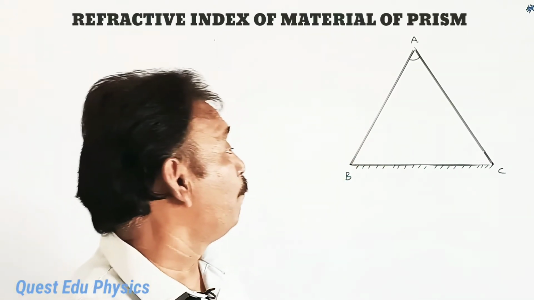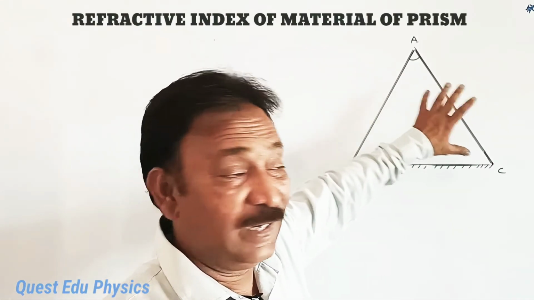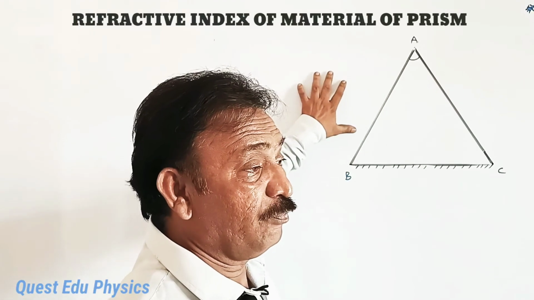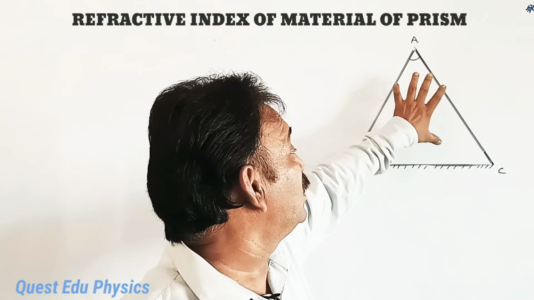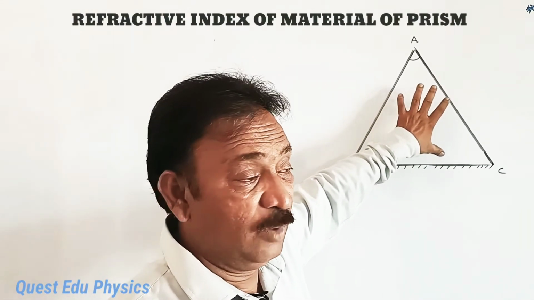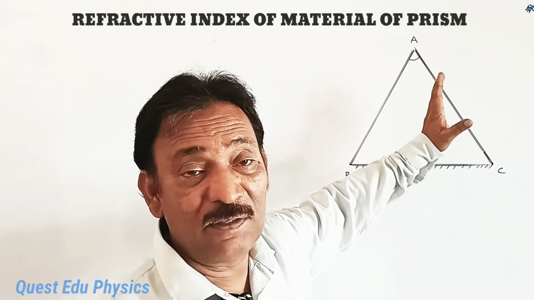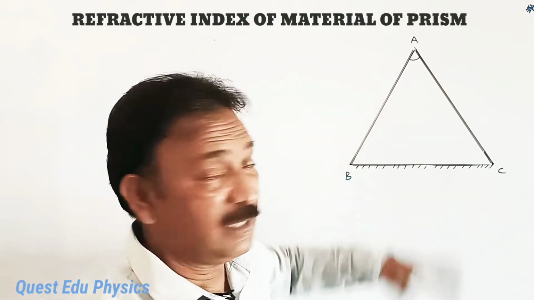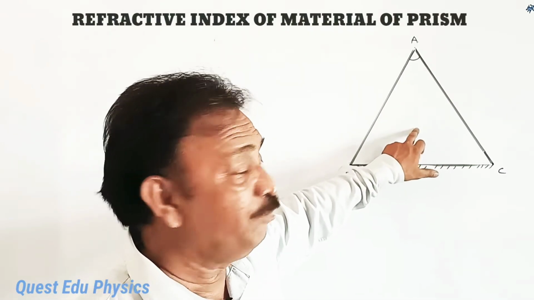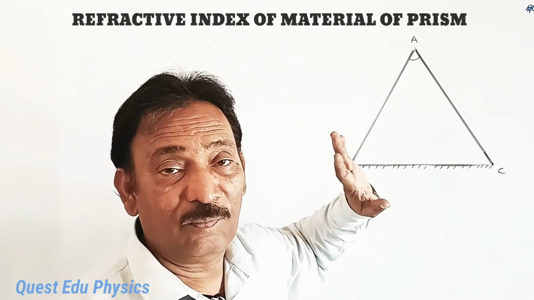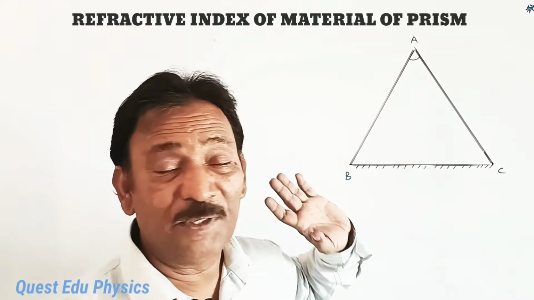Generally, the medium in which the prism is kept is said to be the first medium, and the material of the prism is the second medium. Here it is a glass prism. This glass material has a refractive index, which is shown with the letter mu. We are calling the glass the second medium, and the surrounding one the first medium. The first medium is the medium in which the prism is kept.